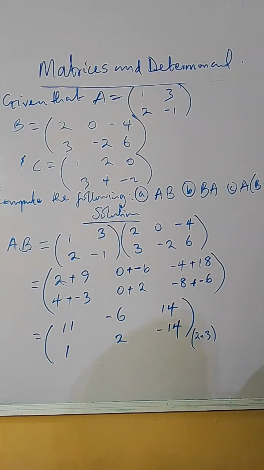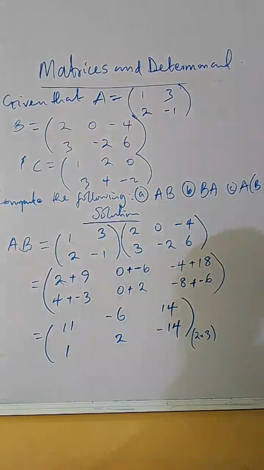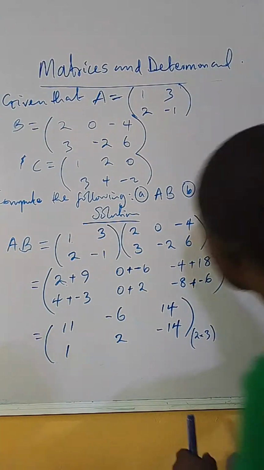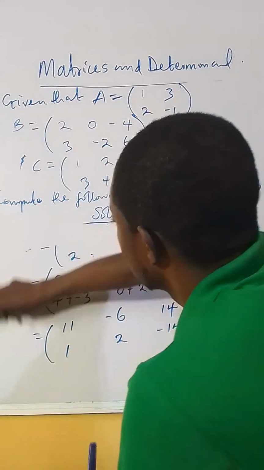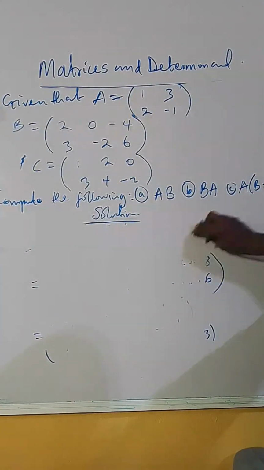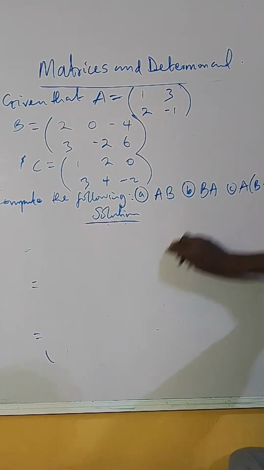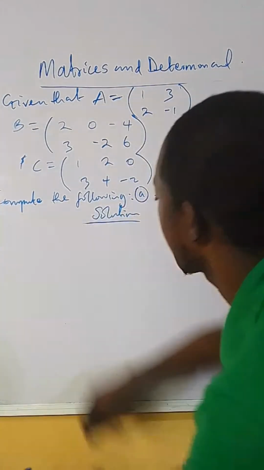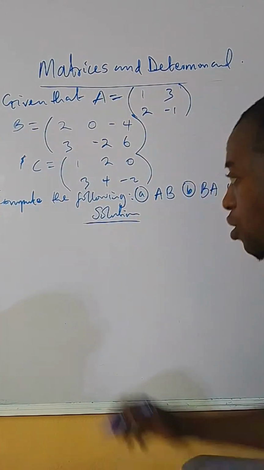Now let's compute the second one, which is B times A. That means B comes first.